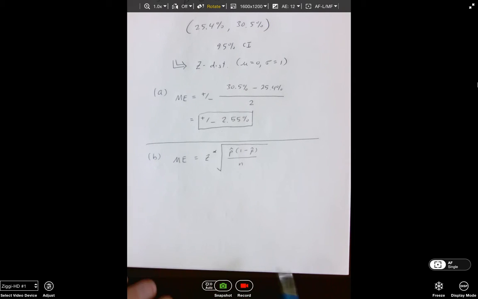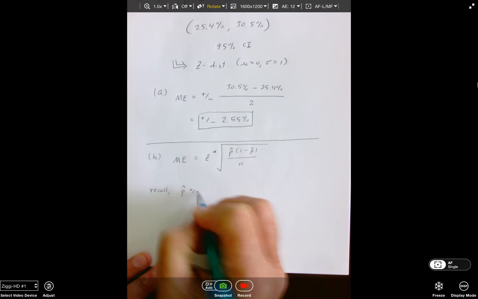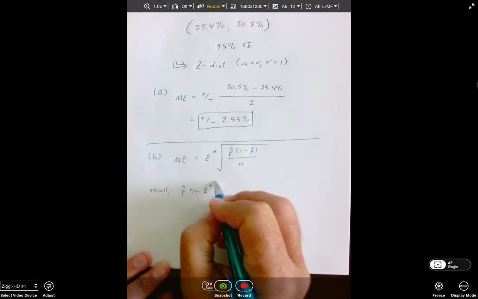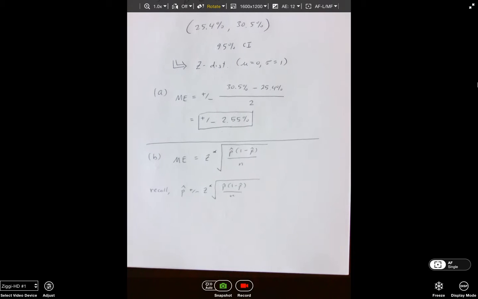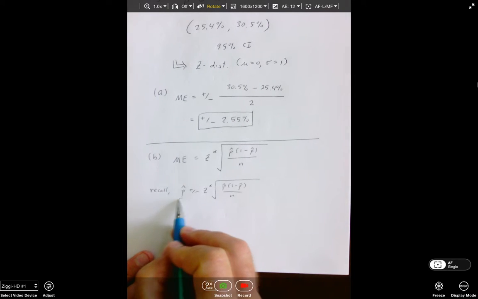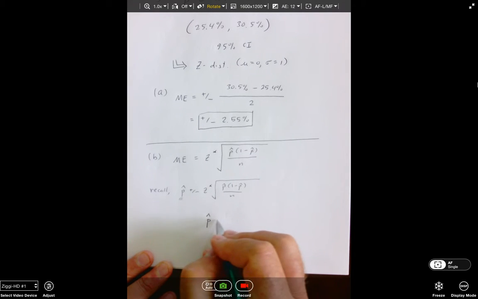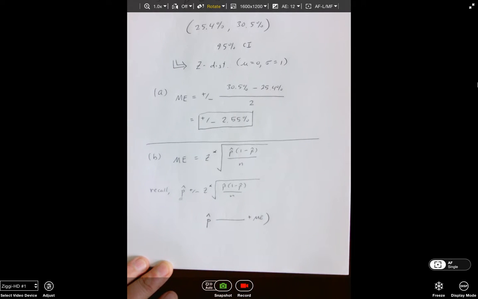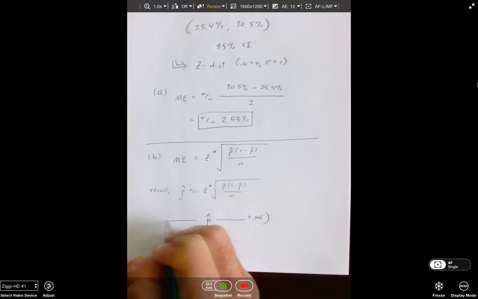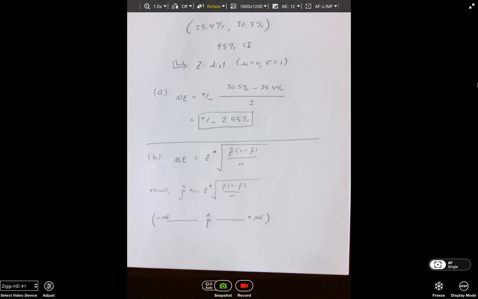Oh, yeah, we do. Recall that the confidence interval formula is this nasty mess. What's that tell you? We take a value in the center, this p hat, and we add margin of error to create a right endpoint of the interval, and we subtract margin of error to create a left endpoint of the confidence interval.